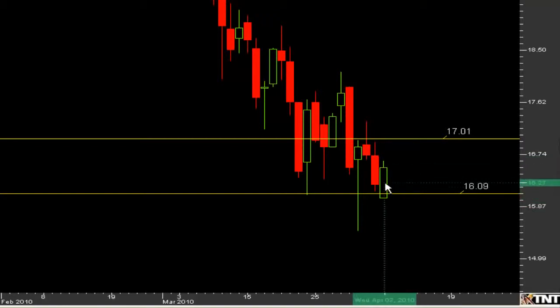As you can see, that's exactly what happened here. Now, the reason that's bad should be obvious, is you are not only getting a crummy fill and thereby increasing your intended risk, but you're also leaving yourself open to the possibility of a fade and the market setting up to move against you.